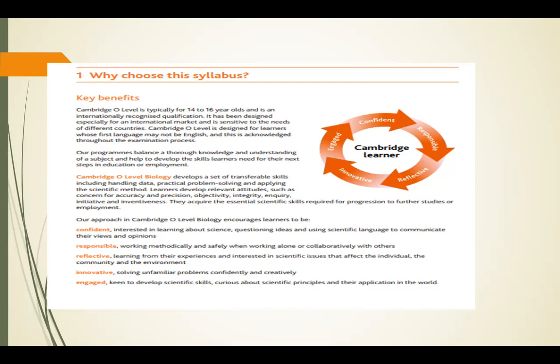The approach of the Biology O Levels Cambridge syllabus is that they want you to become very confident in the concepts and ideas you have, and in using scientific language. This is the key. Remember, you have to learn the language.